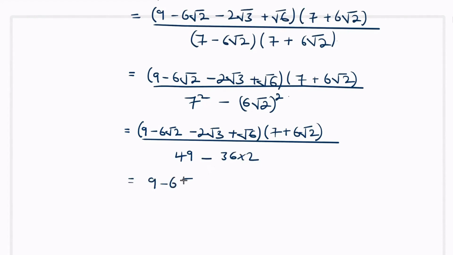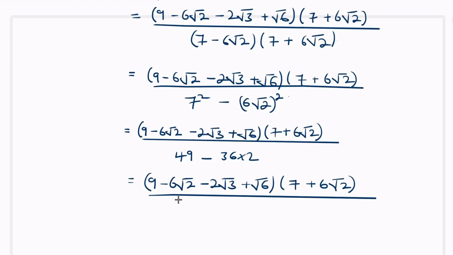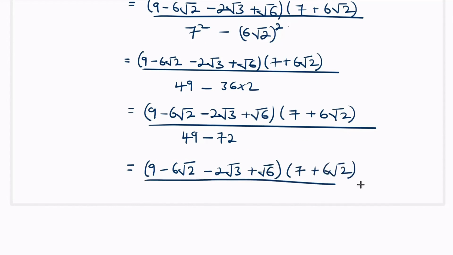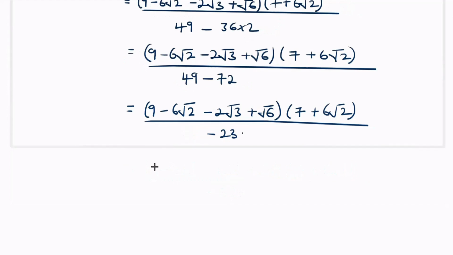This is the same as 9 minus 6 root 2 minus 2 root 3 plus root 6, multiplied by the conjugate, which is 7 plus 6 root 2, divided by 49 minus 72, implying that we have 9 minus 6 root 2 minus 2 root 3 plus root 6, the whole of it multiplied by 7 plus 6 root 2, divided by, when you subtract, negative 23.